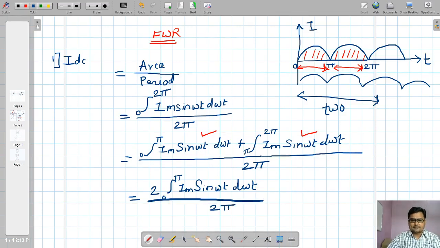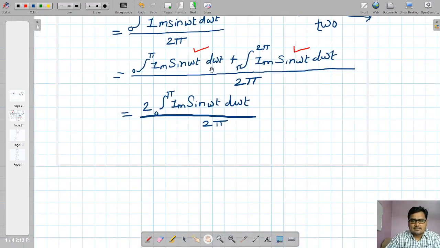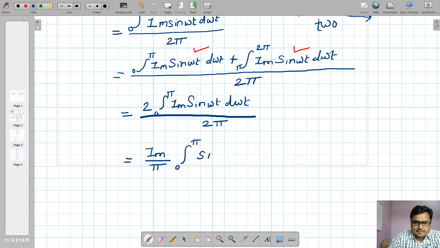As this part is equal to this part, both are identical, I'm just multiplying one part by 2. Now solve this. This 2 and 2 will get cancelled, and finally I'm getting Im divided by pi times the integration from 0 to pi of sin omega t d omega t.